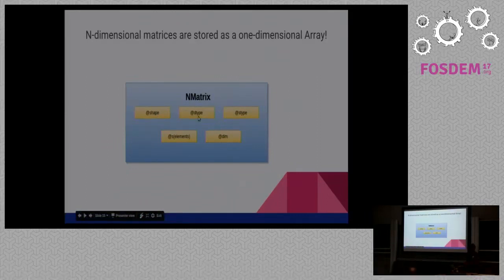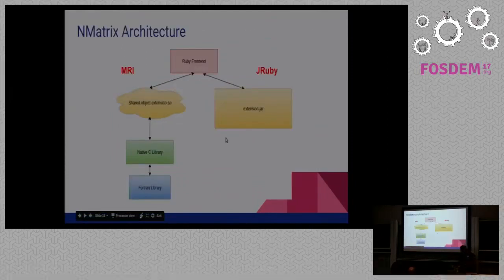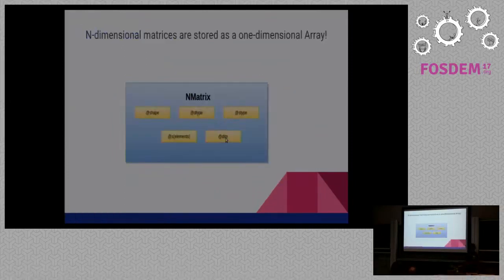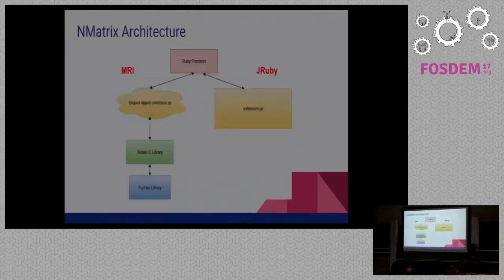Its dtype is float, or it can be anything like int, complex, and so on. The stype is whether you want to store it as a dense matrix or a sparse matrix. Elements is basically the storage, the elements that go into a matrix. Now you have the dim. This means how many dimensions you have. For example, 3,3 is a two-dimensional matrix.